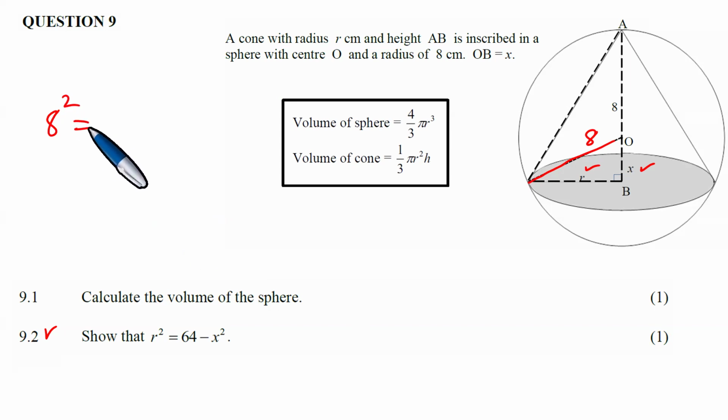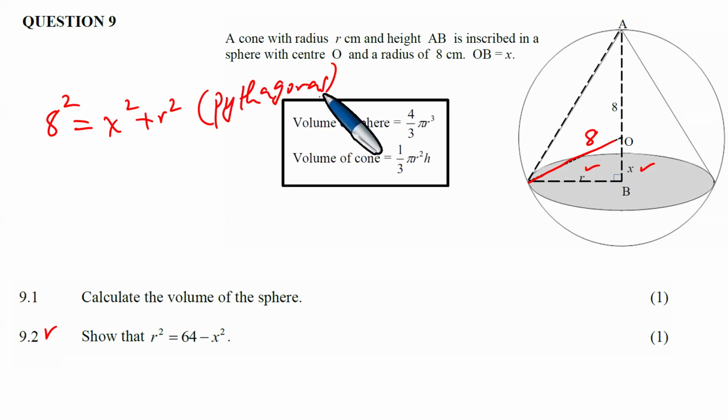We shall say clearly 8 squared is equal to what? So 8 squared, which is the square on the hypotenuse, is equal to x squared plus r squared. We squared the x, but we also squared the r, and this is called Pythagoras. Now we want to make r the subject because we are to express it in this form.